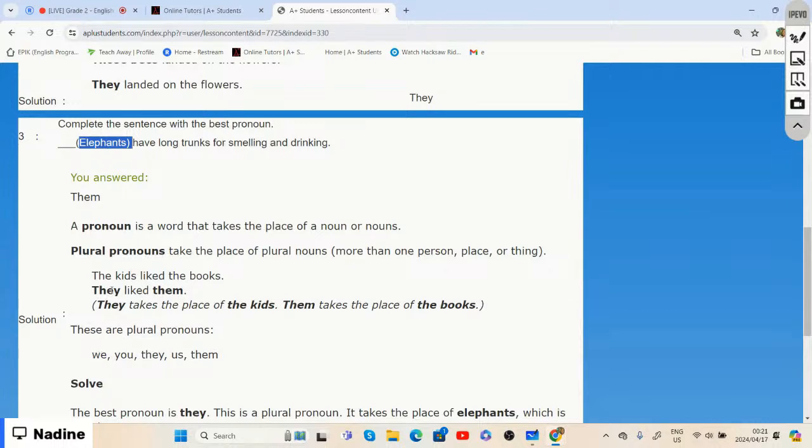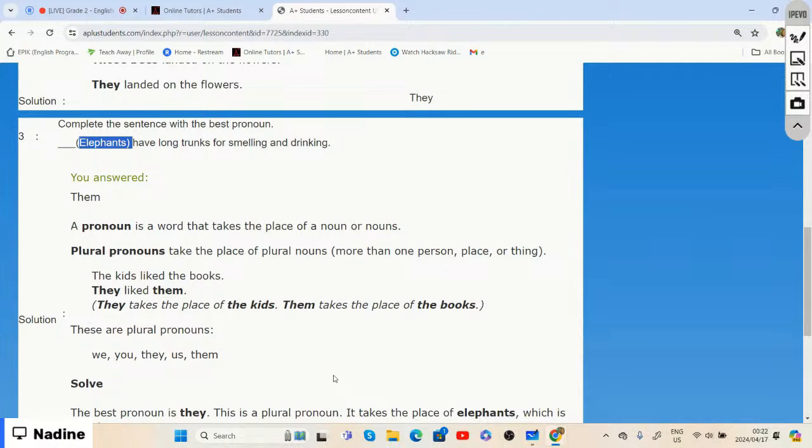Is it we have long trunks for smelling and drinking? You? Do we say they have long trunks for smelling and drinking? Us, or do we say them? We need to choose the correct pronoun in order to replace the word elephants.